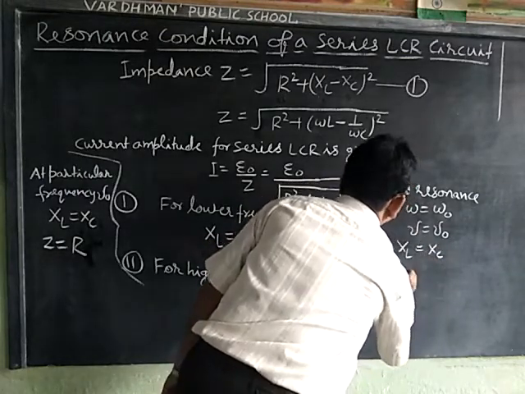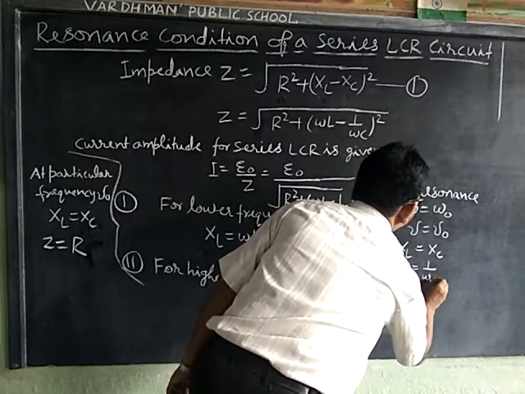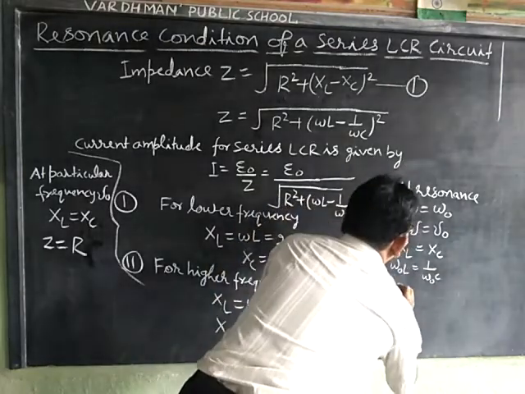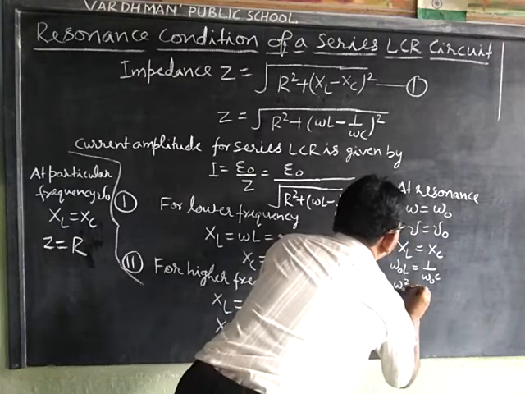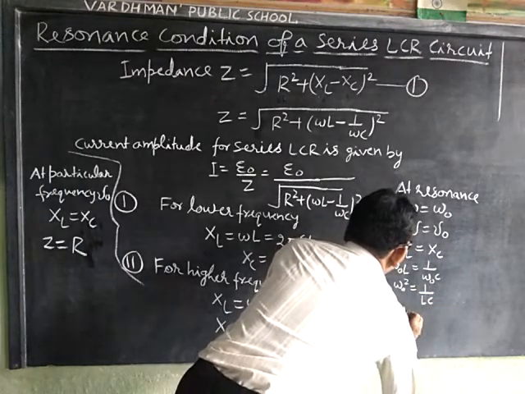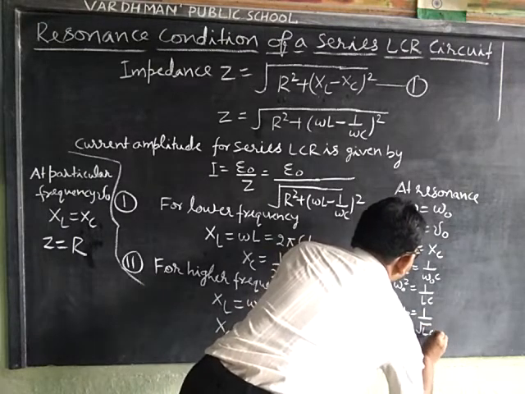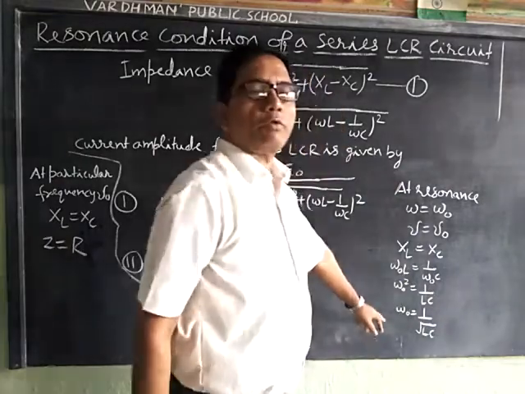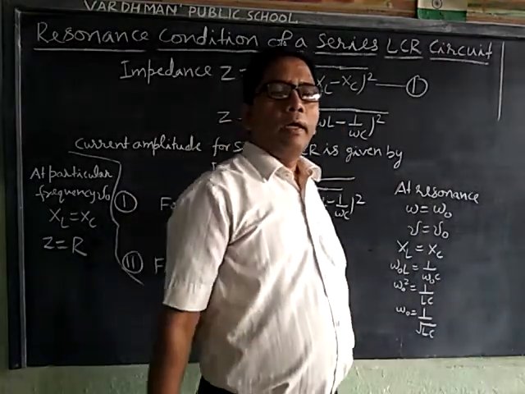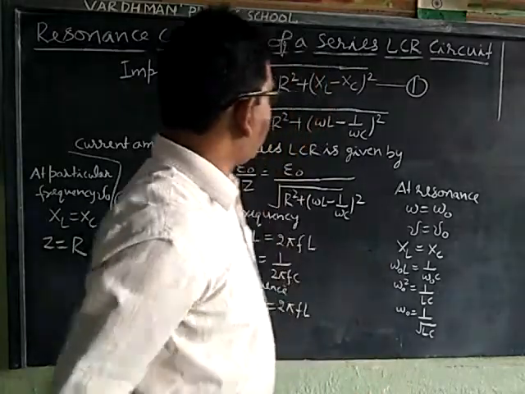Omega 0 L is equal to 1 upon omega 0 C. Omega 0 square is equal to 1 upon LC. Omega 0 is equal to 1 upon square root of LC.